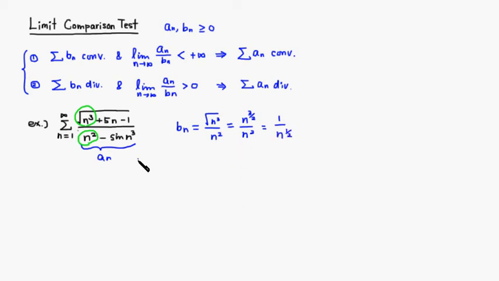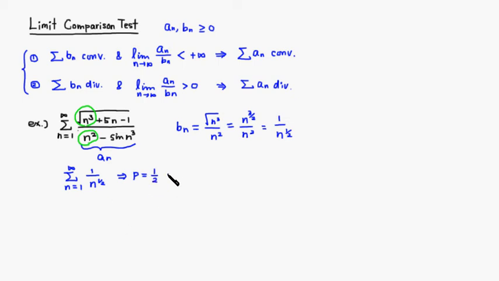So let's think about the summation series with bn. You have n going from 1 to infinity, and bn is 1 over n to the 1/2 power. We know that this is a p-series with p equals 1/2.